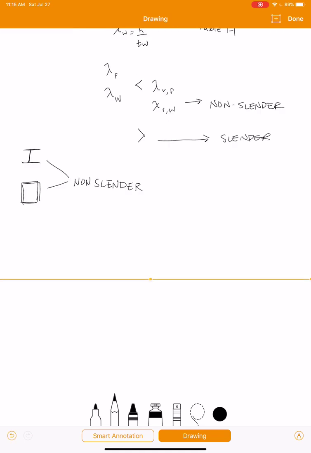And so for your I shapes, that's going to direct you to section E3 and section E4. And for your HSS, it's going to take you to E3.